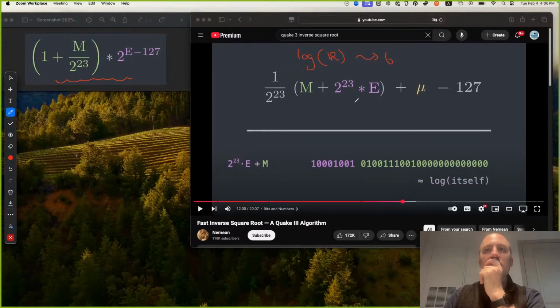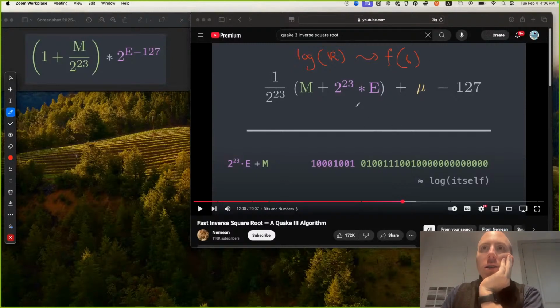Basically gave us a function of the bit representation. It's the bit representation times 1 over 2 to the 23. So it's the bit representation shifted over by 23. Is this 1, 2, 3, 4, 5, 6, 7, 8, 9, 11, 12, 13, 14.